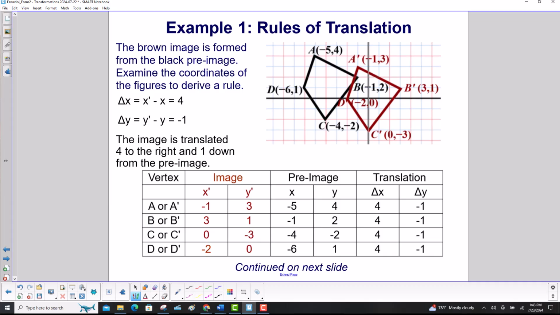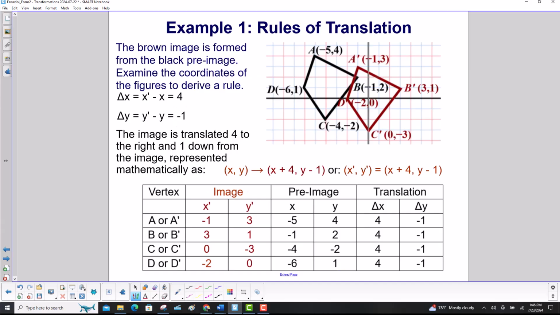In words, the image is translated 4 to the right and 1 down from the pre-image, represented mathematically as, again, we have two ways of showing it: x and y get transformed into x plus 4 and y minus 1. Or x prime, y prime, which is our image, is equal to x plus 4, y minus 1, where x and y are the coordinates of the pre-image.